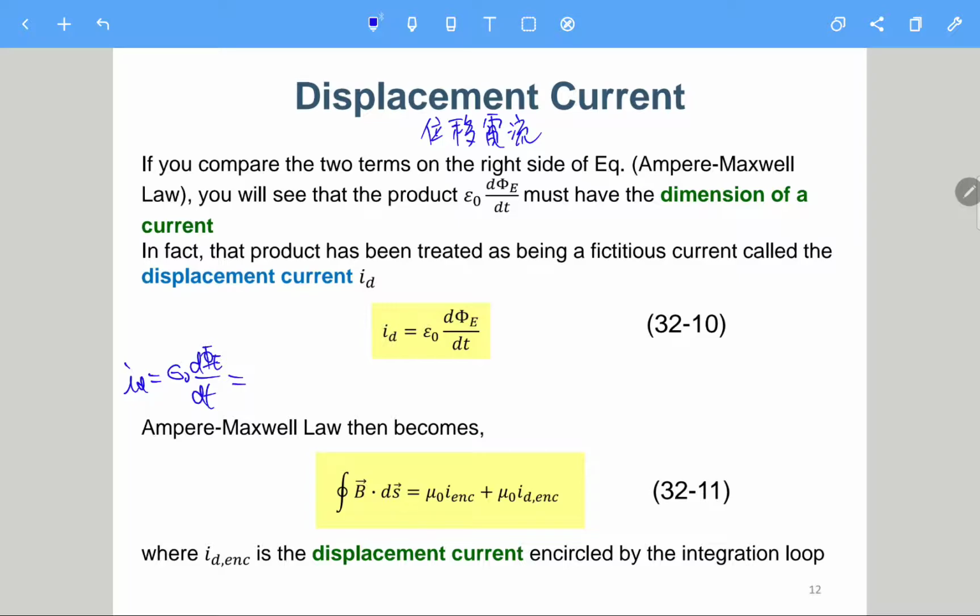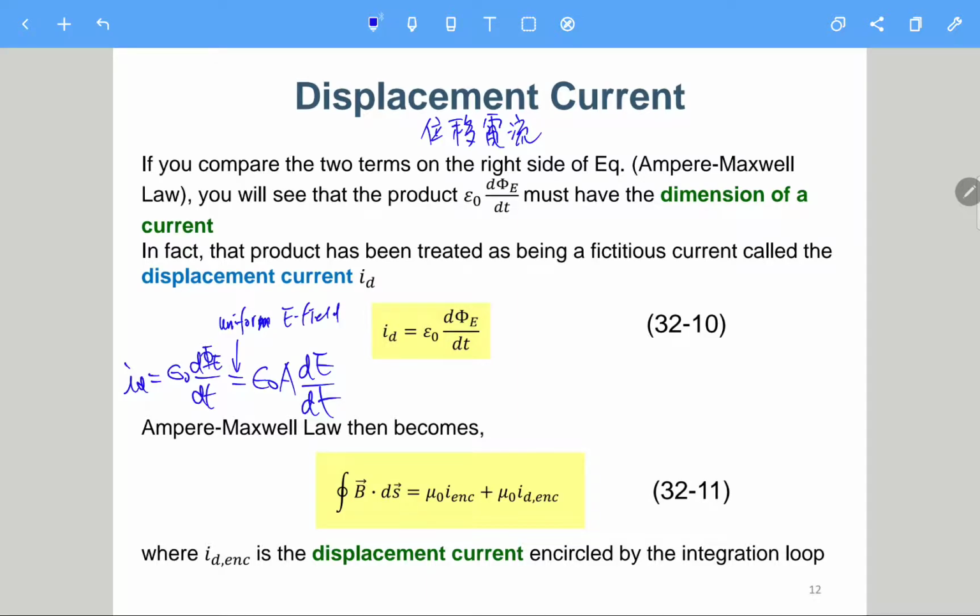Just now we assumed that it is a parallel plate, and then the E field is uniform and parallel to the area vector. So it is like epsilon naught A dE/dt. So we assume a uniform E field.